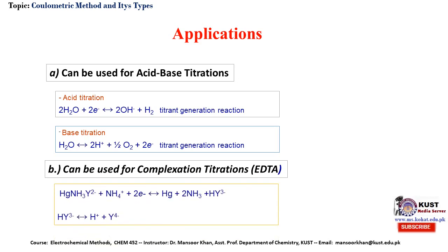Here HgNH3Y minus 2 is basically the ligand which reacts with NH4, and H4Y, Y minus 4, is basically the EDTA, which is used as a titrant, and it is hexadentate and gives 6 pairs of electrons.